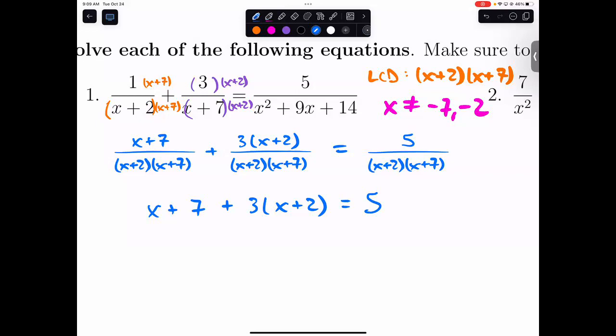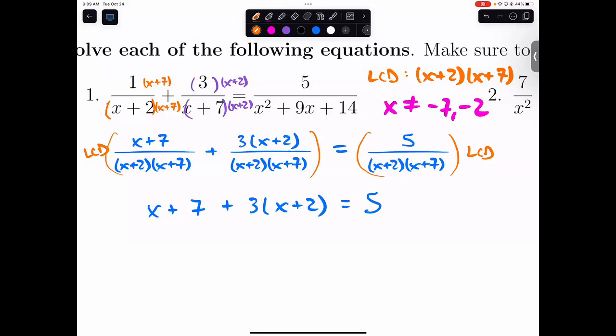Which makes life considerably easier, right? So I'm taking the stuff here and multiplying the whole thing through by that LCD, which just knocks out all the fractions. Just going to write it like that.